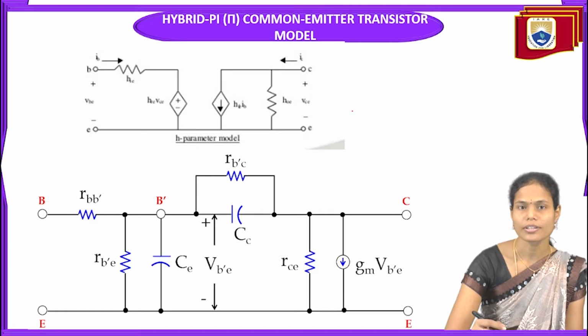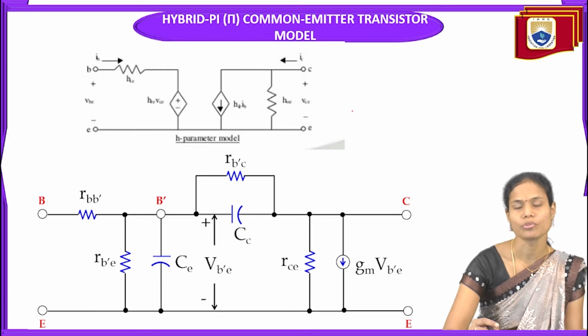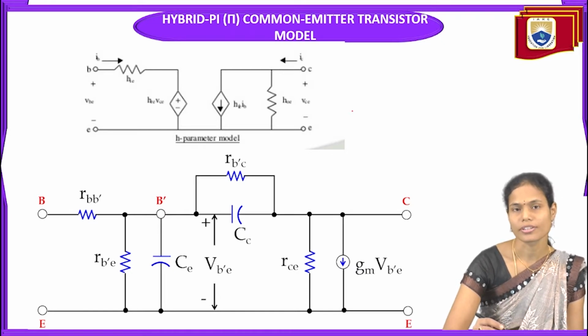Because of that, analysis with the H parameter model is difficult. That's why we went for the approximate model, in which we removed two H parameters, the reverse voltage gain and the output admittance. But this hybrid model is applicable for low frequency signals and varies for different frequency signals.